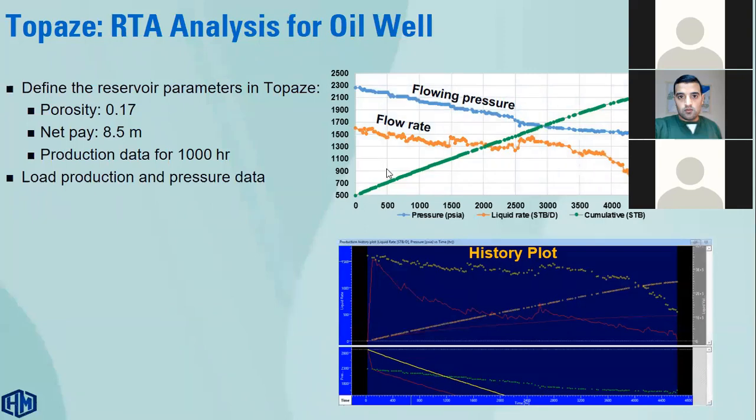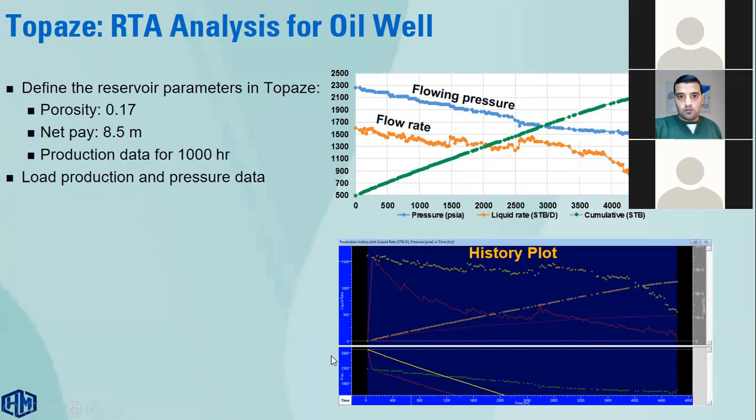To discuss this, here is a field example for RTA. We have flowing pressure versus time and flow rate. If we define a new project in Kappa Topaz using these parameters for viscosity and net pay and production data, as you can see, for almost 1,000 hours we load production data, production rate, and pressure versus time.